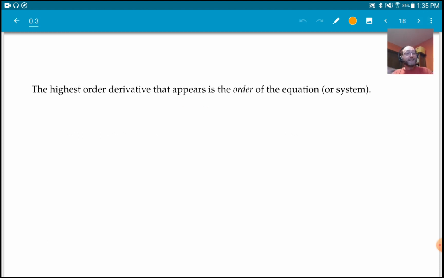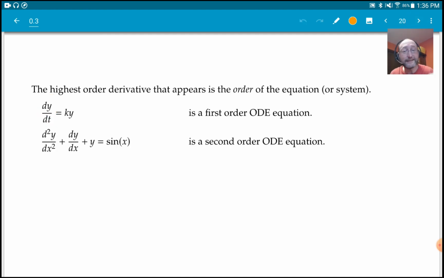So the highest order derivative that appears is the order of the equation. That's a number that we want to assign to every equation or system. For example, this exponential growth model is a first order ODE, because the first derivative is the only thing that appears.